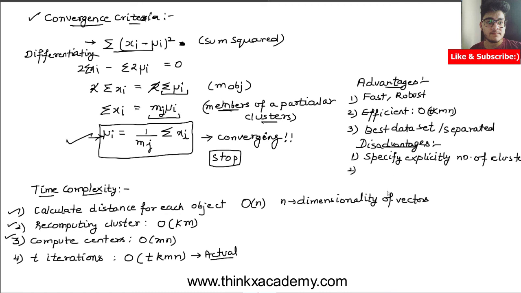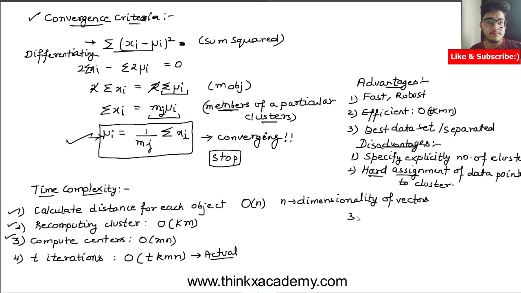The second disadvantage is the hard assignment of data points to the cluster. And we know that we use Euclidean distance to compute and assign the data points to a particular cluster. So it basically is a hard assignment.